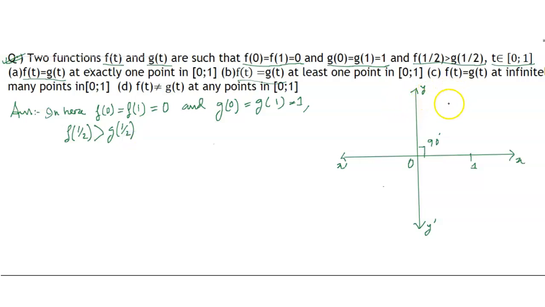So friends, I think f(x) should look like this. On the x-axis, the points are (0, f(0)) and (1, f(1)), and both f(0) and f(1) are 0.